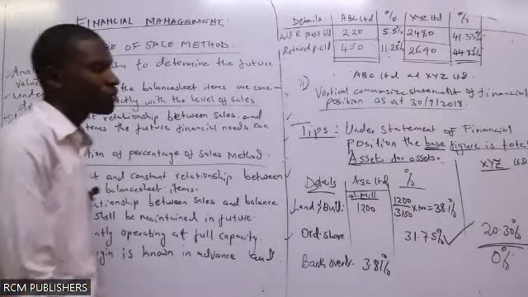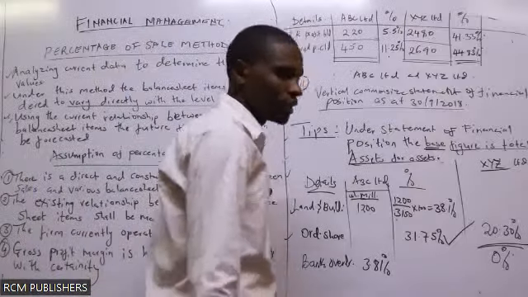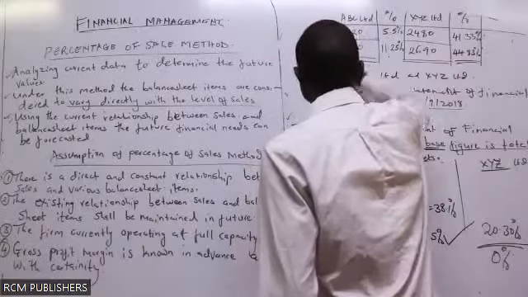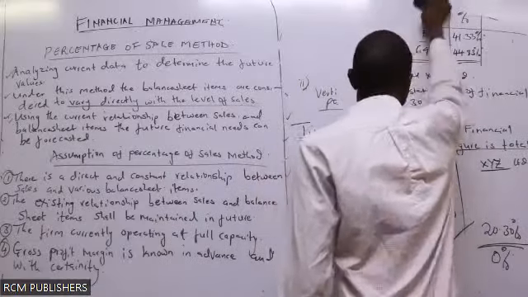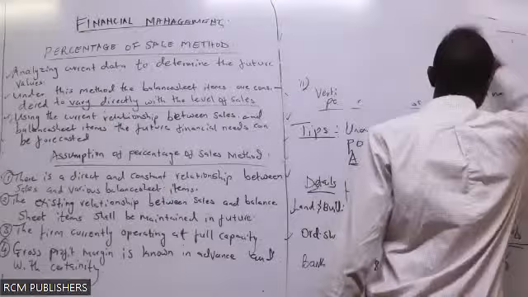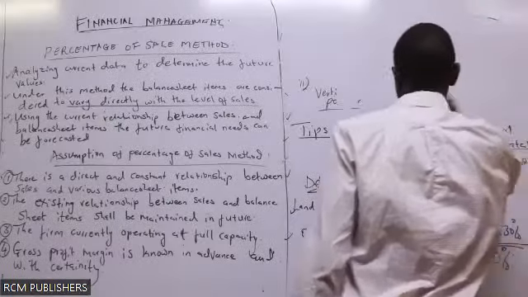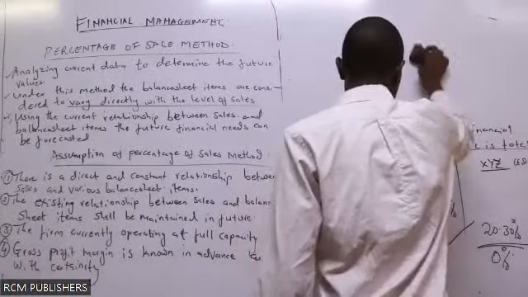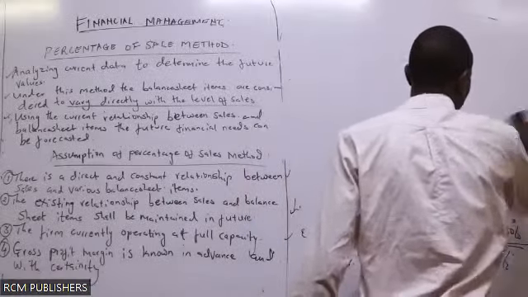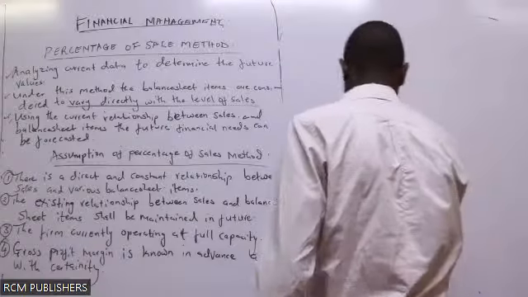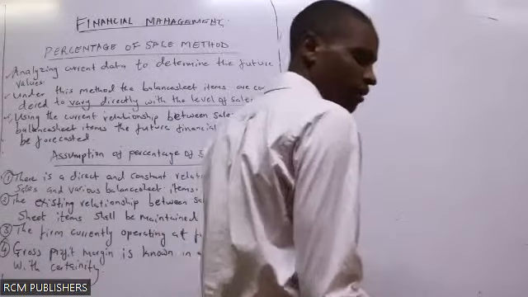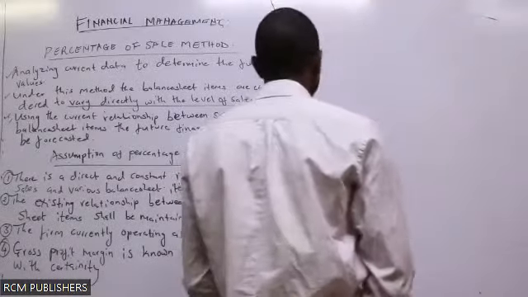So the gross profit margin is known in advance and with certainty, beyond any reasonable doubt. Very certain that the gross profit margin will be this.